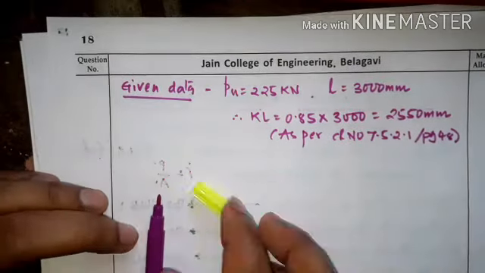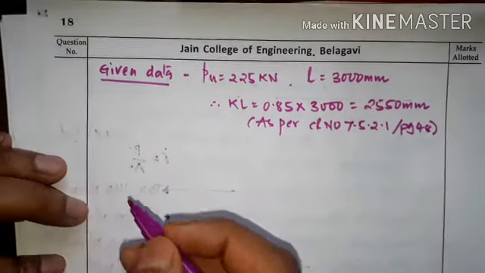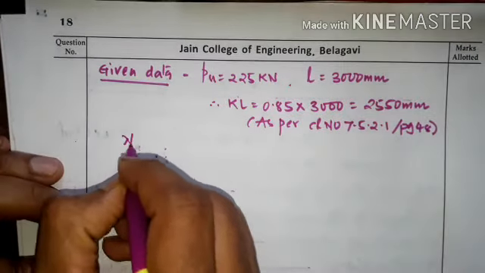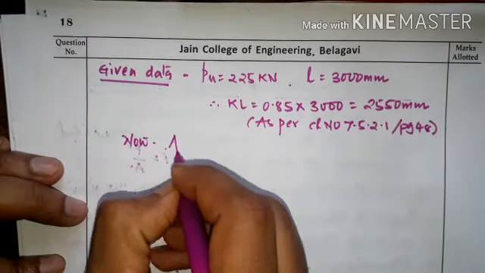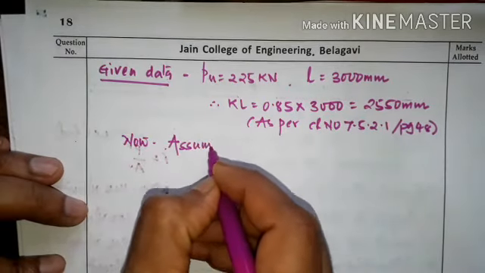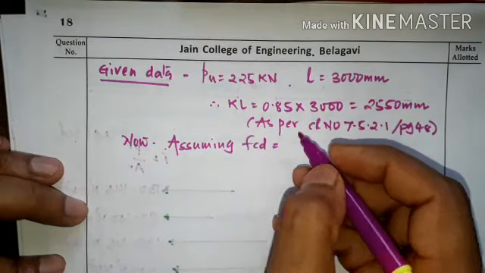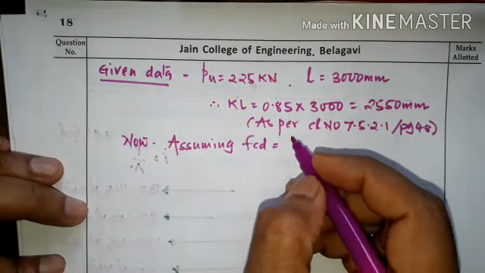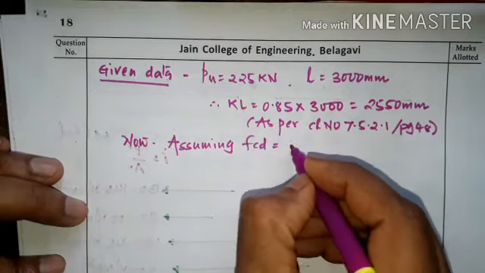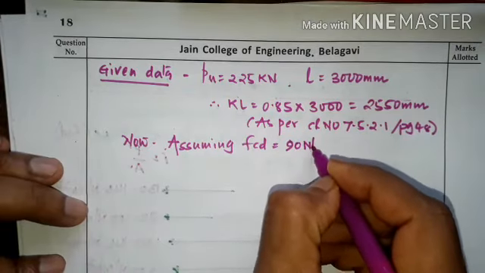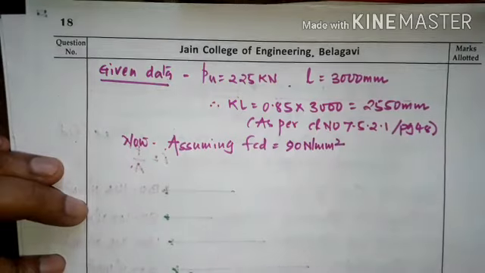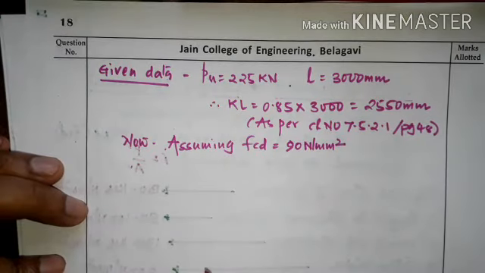So now, assuming FCD, we have to assume from 90 to 100, so assume as 90 Newton per mm square. Assuming FCD is equal to 90 Newton per mm square.